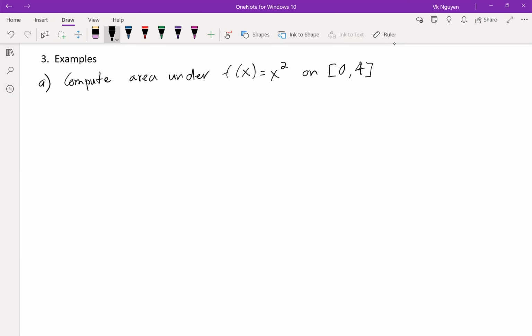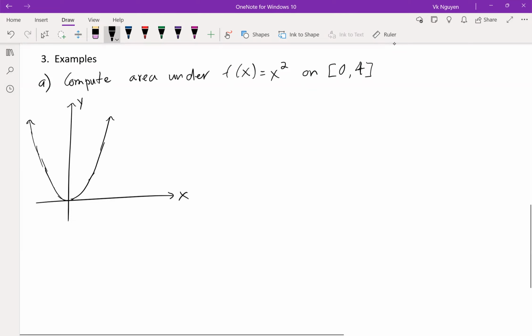So it would be this area right here. X, Y, here comes the parabola. Four right here, 16. And this would be the area.